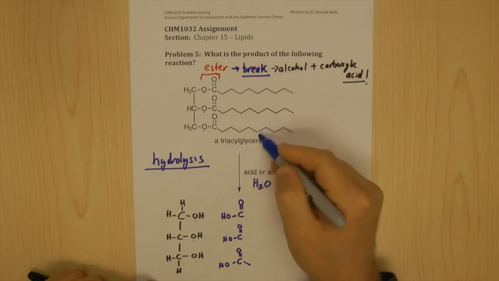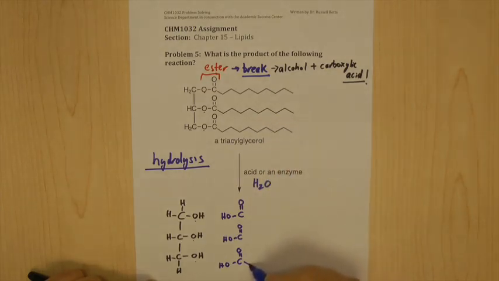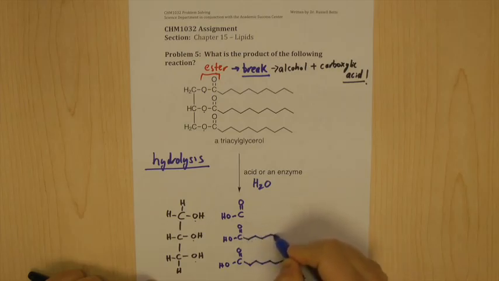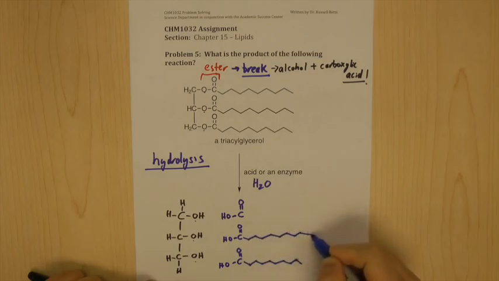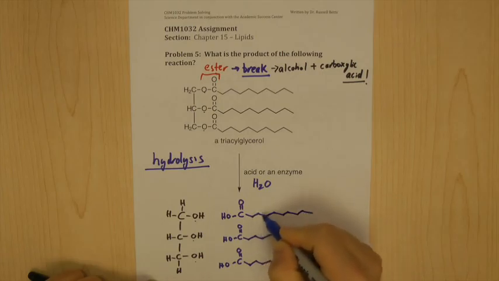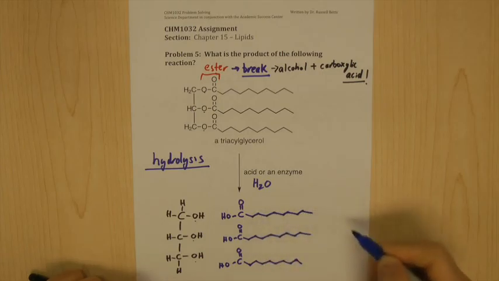One, two, three, four, five, six, 7, 8, 9. One more, and make sure you count your carbons. Don't mess that part up. There. And these are acids.